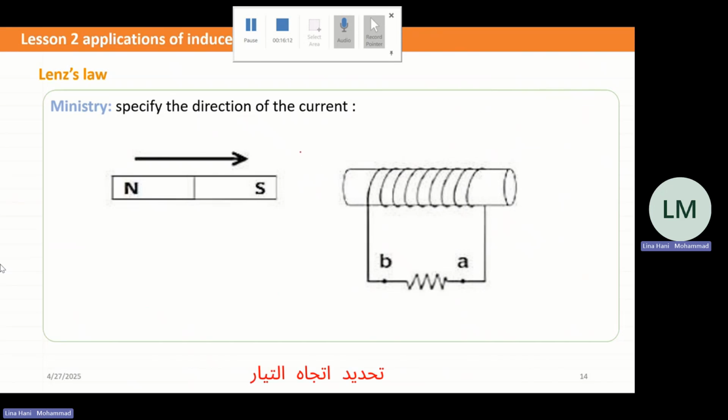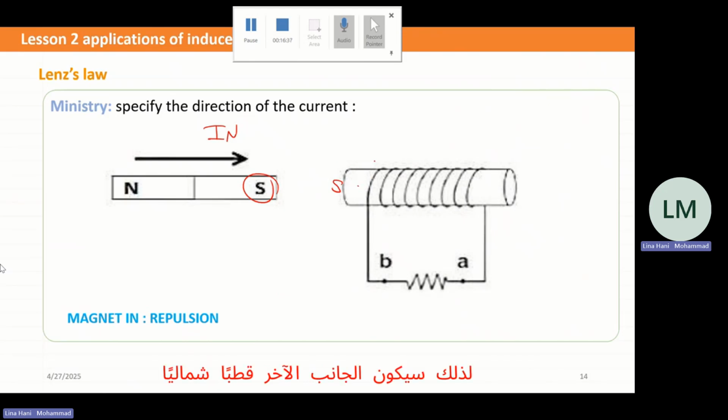Specify the direction of the current. Okay, another one. Here we are bringing a south pole in. I don't want you, go away, go away. Okay, so if it's being pushed towards it, it gets angry and tries to push it away. How does it push a south pole away? By generating a south pole so that we have a repulsion force between them.